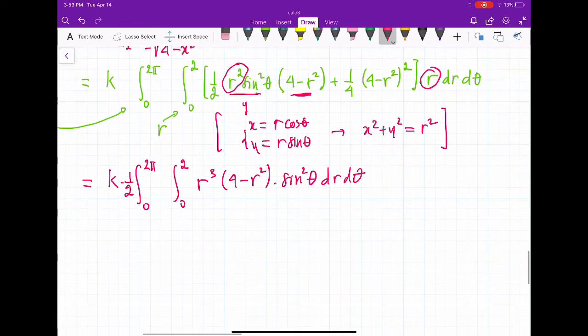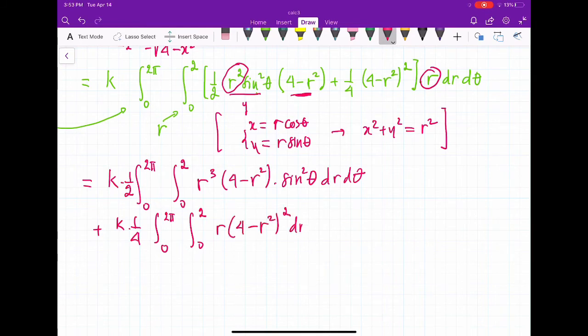That is the first integral, plus k times 1/4 integral from 0 to 2 pi, from 0 to 2, r times (4 minus r squared) squared dr d theta. Okay, now let's evaluate each of them and then we sum them up, and we get the final answer.